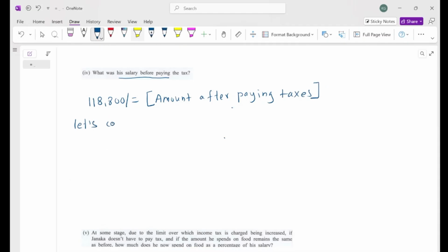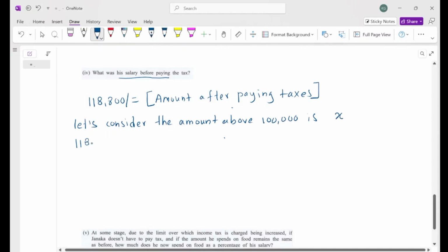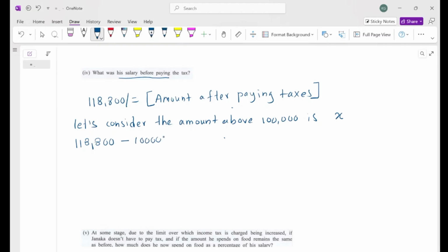Let's consider the amount above 100,000 is X. Okay, 118,800 minus 100,000 gives me 18,800.